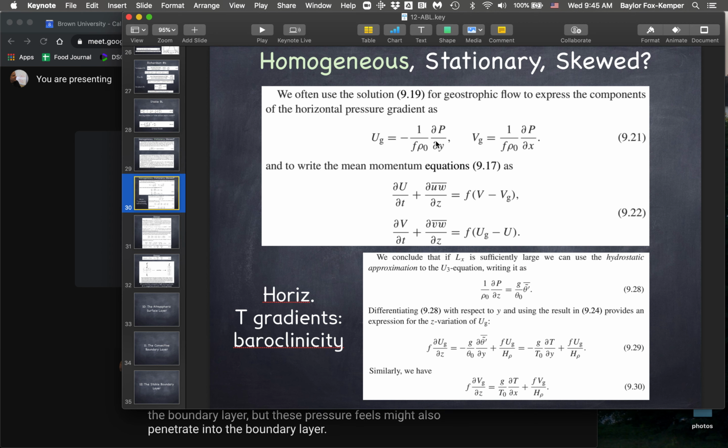What do they do? A convenient way to rewrite the mean momentum equations in the boundary layer is to, so we're within the boundary layer, so we've got the turbulent transport terms as well as the terms in the geostrophic balance, and he's just rewritten the pressure gradient as a geostrophic velocity.